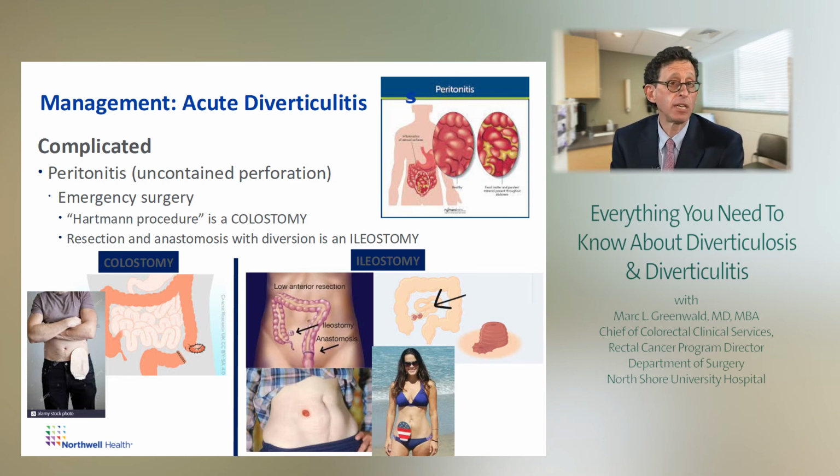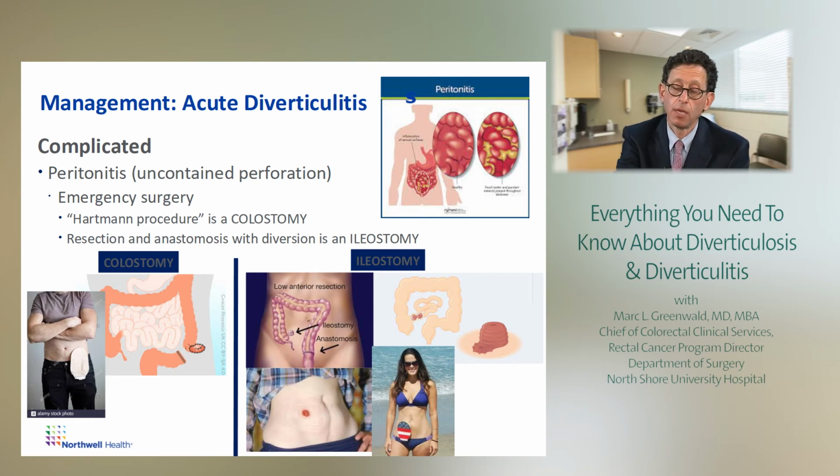An ileostomy is for the ileum, which is small intestine. We spoke about colostomy, which is for the colon. So what this does, it allows the stool to be brought away from the area that's healing, and it's brought into a bag, an ileostomy bag.